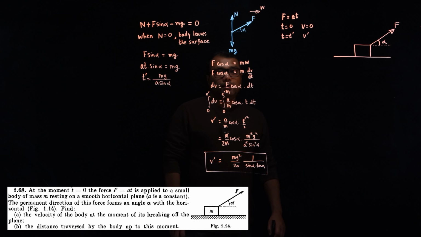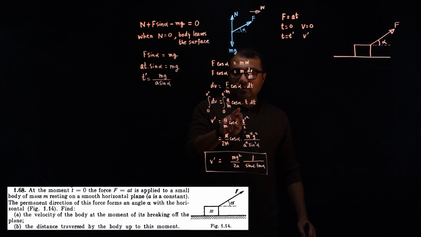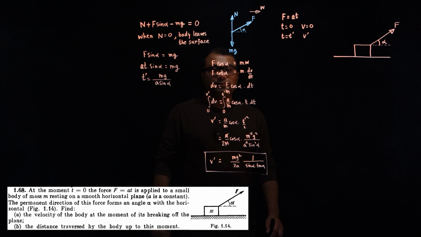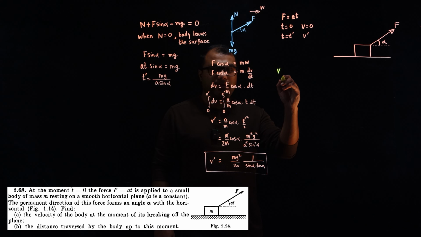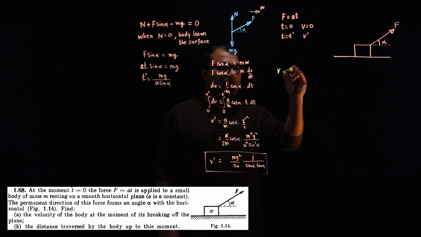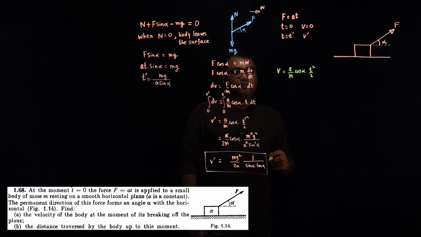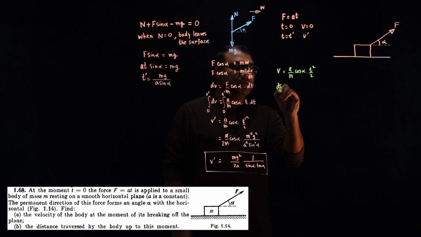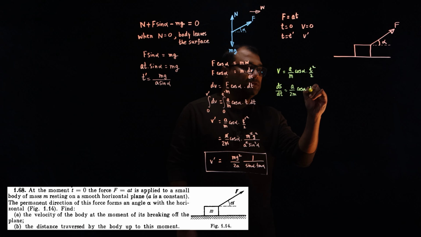Now the second part of the question is the distance. So from here, velocity at any time is equal to A by m cos alpha times t square by 2. Now velocity we can write as ds by dt, which is A by 2m cos alpha times t square.